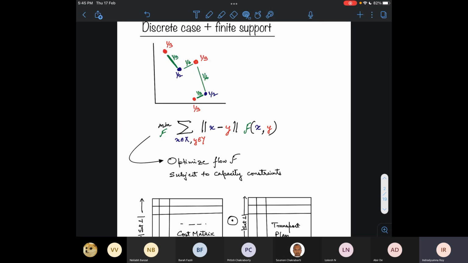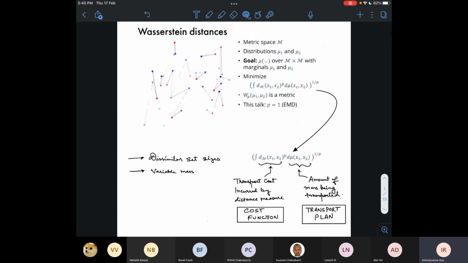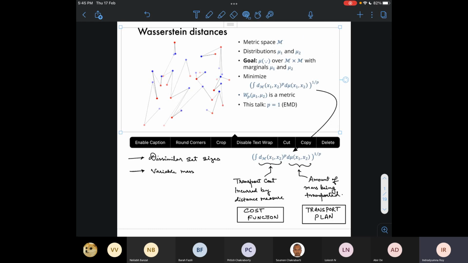So 1/6 has to be equal to 1/3 or at least less than that. And similarly, the total flow going out of the blue point cannot be greater than the amount of mass at the blue point. So these are the capacity constraints, which are similar to what we said about the distribution with the marginals being equal to mu1 and mu2.